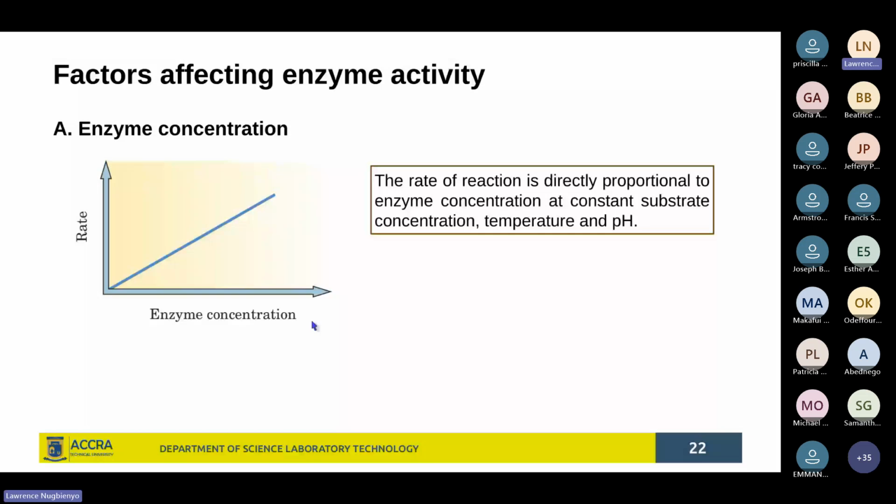So if it was a reaction that is giving you a color change, it means that the more enzyme you add in there, the faster the color change will occur. So you begin to have maybe a deeper color when you have more enzyme in there, because you have more of the substrate reacting at a faster rate, so that you now will be able to see this difference in color occurring with the solution at a faster rate.